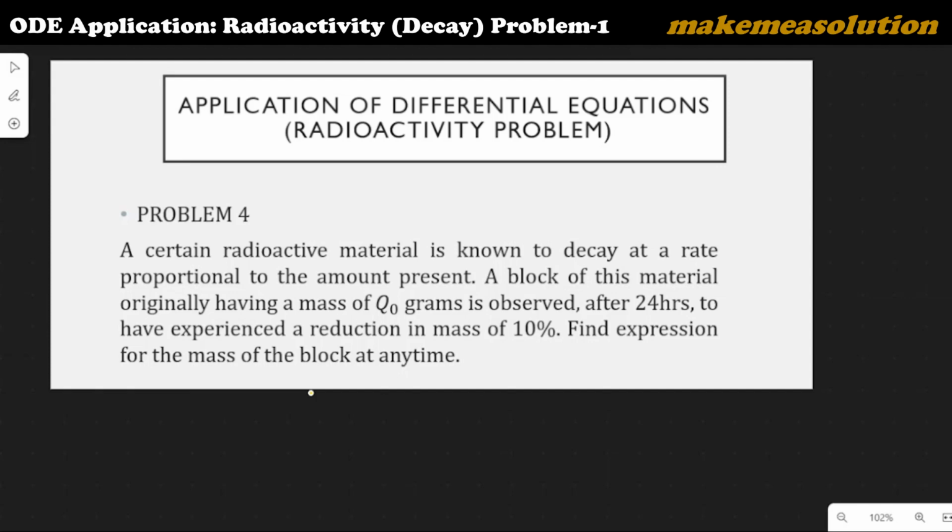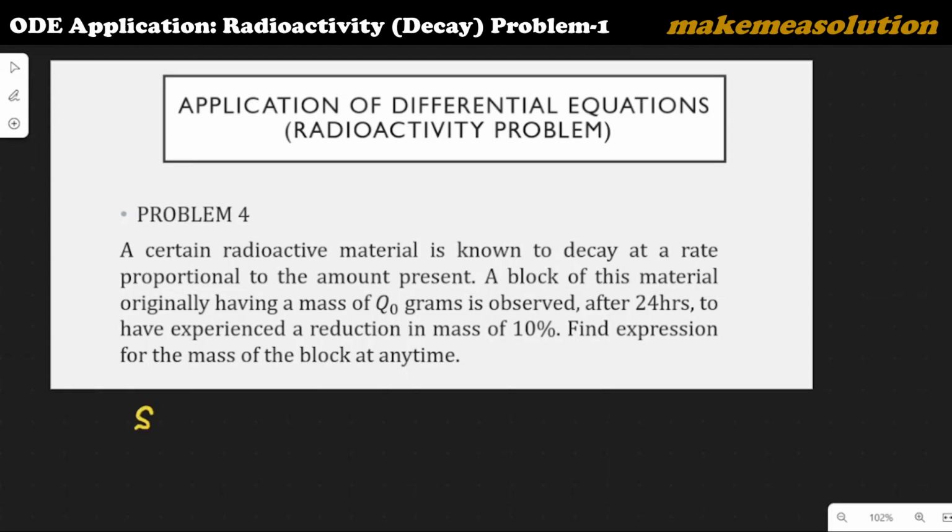A block of this material, originally having a mass of Q0 grams, is observed after 24 hours to have experienced a reduction of mass of 10%. So find the expression for the mass of the block at any time. Okay, so let's break this problem down one after the other.